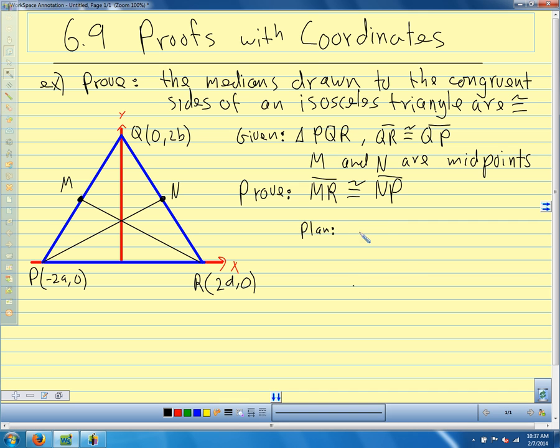We're going to use the distance formula to find the length of segment MR and NP.